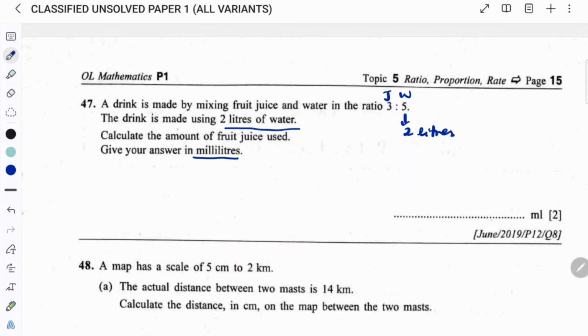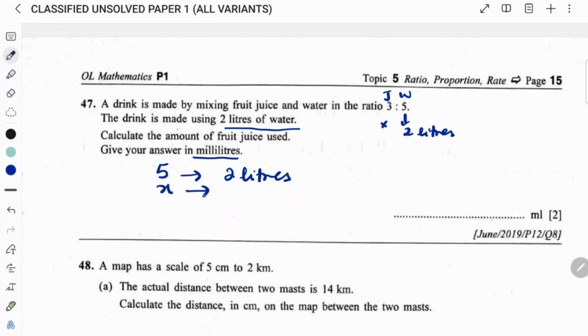Give your answer in milliliters. So we have to find the answer for juice, and that is your x. Now 3 is for x, 5 represents 2 liters, and x will represent the juice.